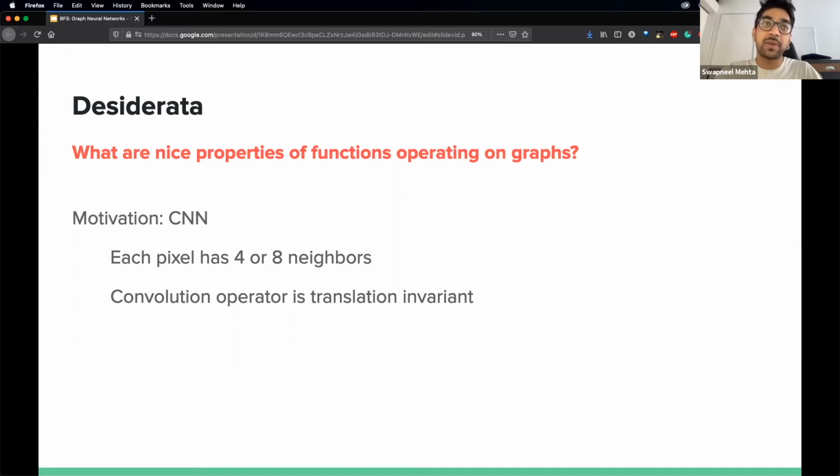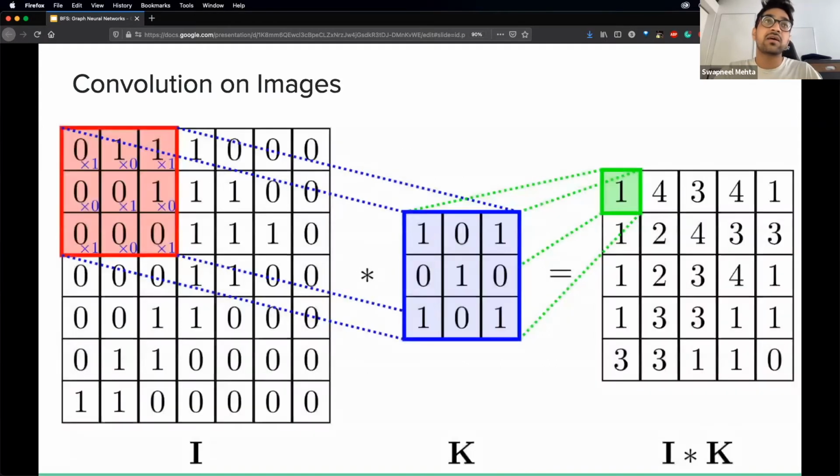So stepping back into CNN land, looking at this idea of convolution. In red on the left, you have a portion of your image. In blue you have the filter in the middle, and basically red shows where the filter was placed. And green is the output you get by multiplying and adding these, the I star k, I convolved with k.